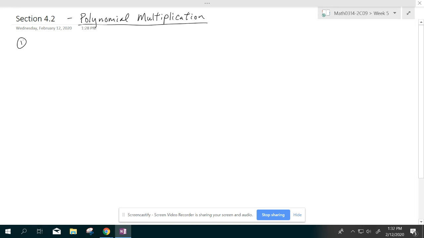And our first example we're going to start with is number 1. So we're going to start at the bottom and work our way to the top. This would be the most basic polynomial multiplication you could do.